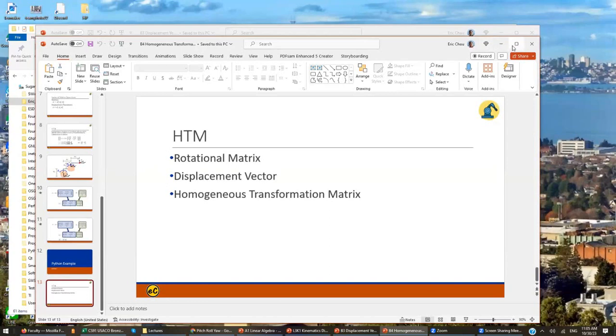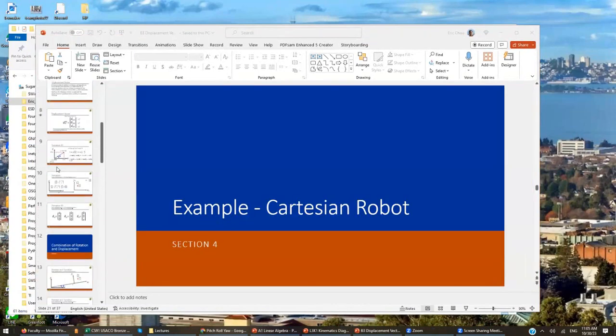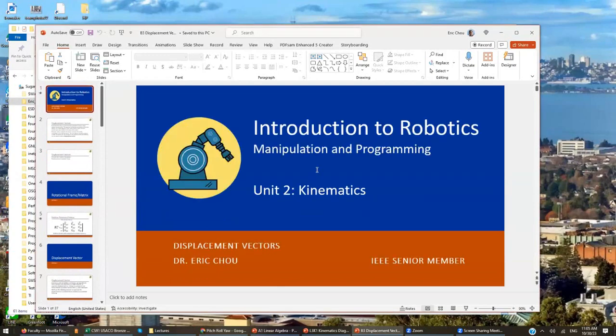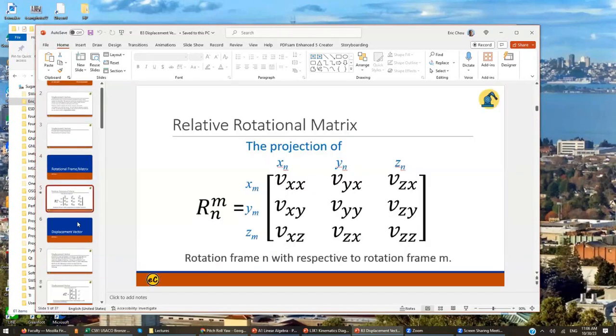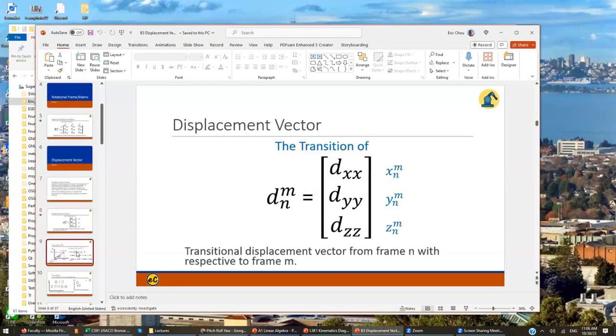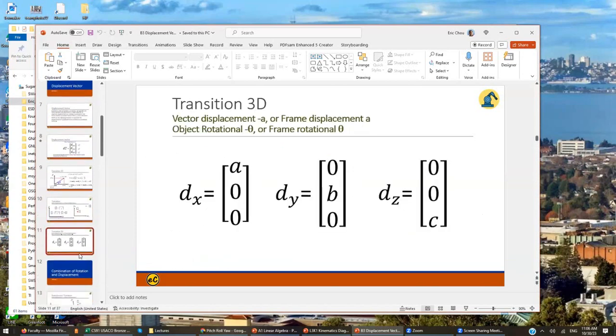You will find that there are 2 sets of PowerPoint. This light blue set, originally I designed it for an undergraduate level robotics course, so it's more intuitive, simpler, but goes into more detail.